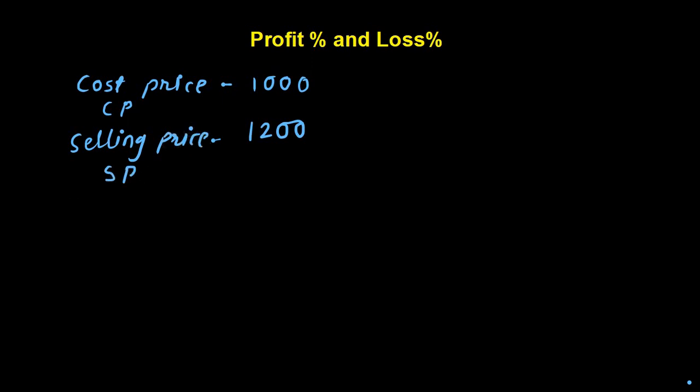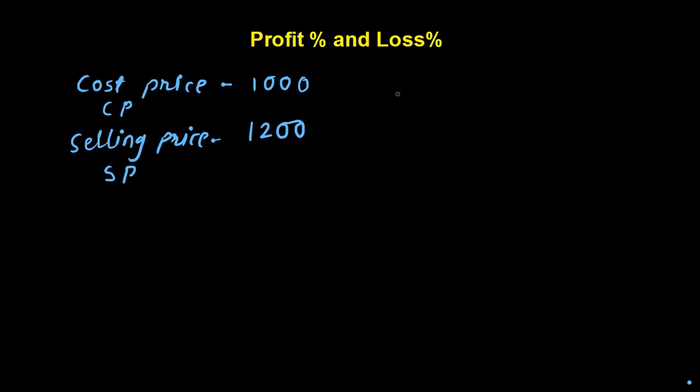CP is 1,000 and SP is 1,200. Naturally, if you have bought something for 1,000 and you are selling it for 1,200, obviously you know that it's a profit.